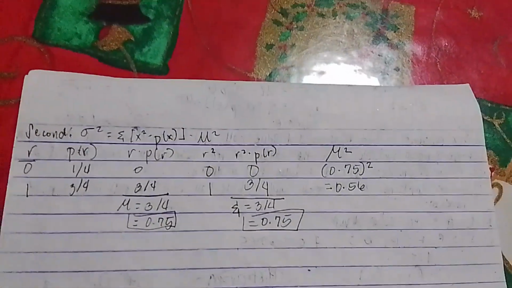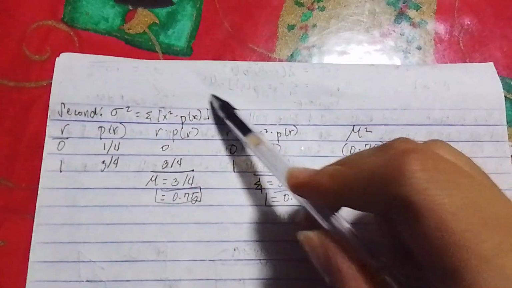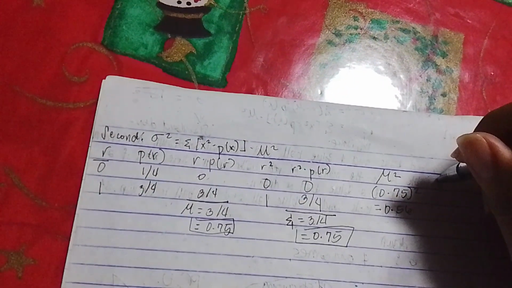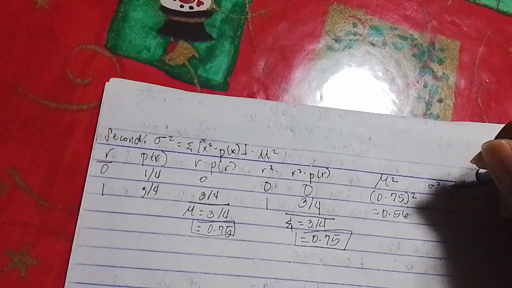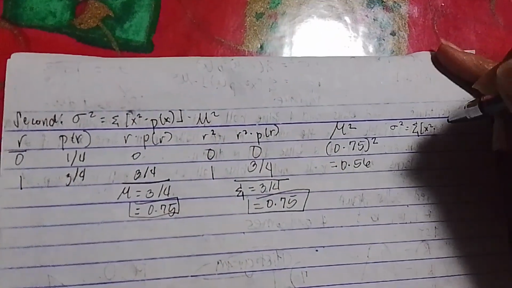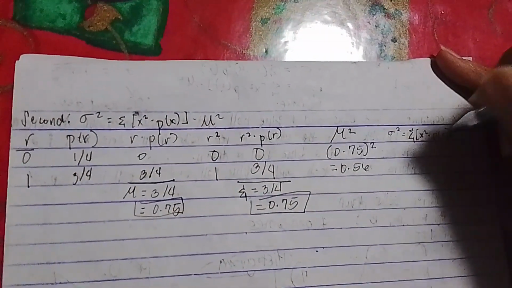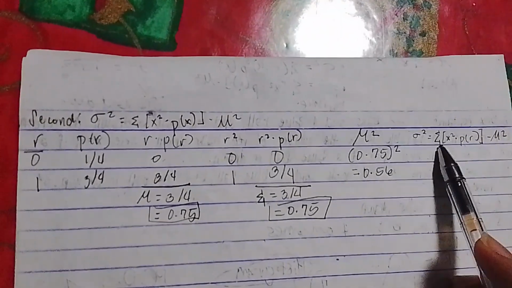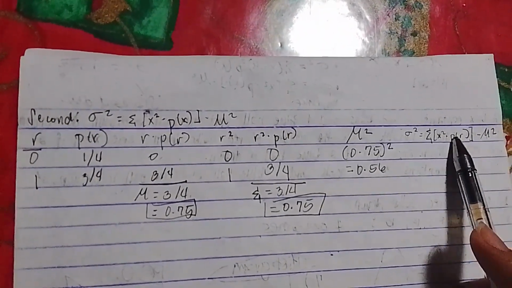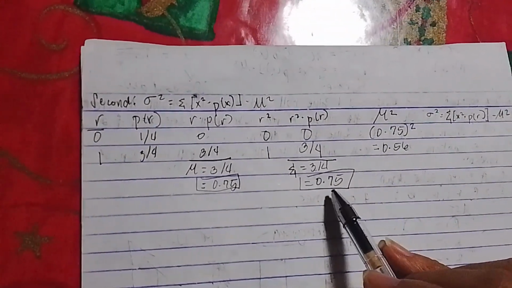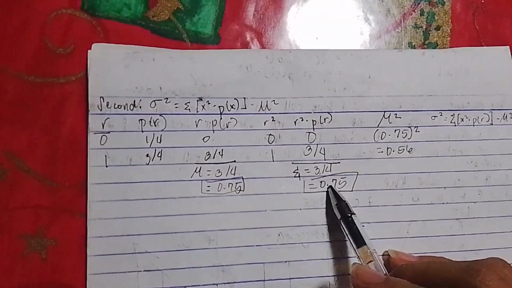Now, it's time for our final formula, which is variance equals the summation of x squared times p of r, minus mu squared. So our summation of x squared multiplied by p of r is 0.75.